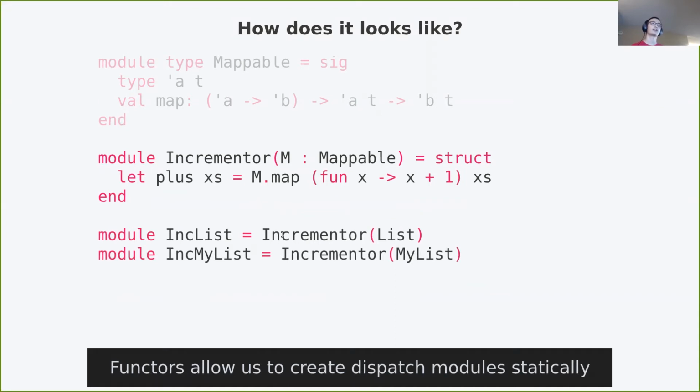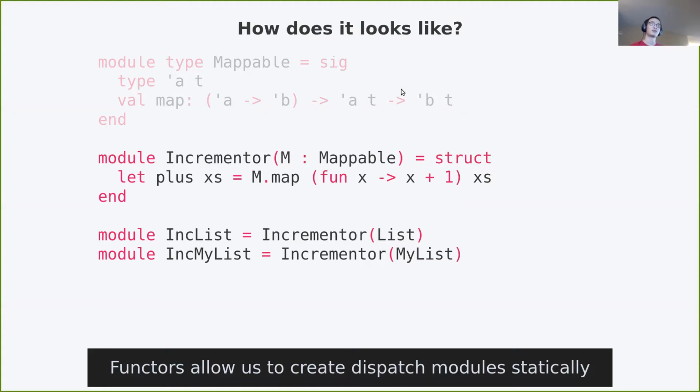Then we can use an OCaml feature called a functor that allows us to dispatch on whatever module we pass in statically. Functor is a really unfortunate name because an OCaml functor has nothing to do with a C++ functor, and C++ folks should rather not call it that. It also has nothing to do with a Haskell functor. It is completely different.